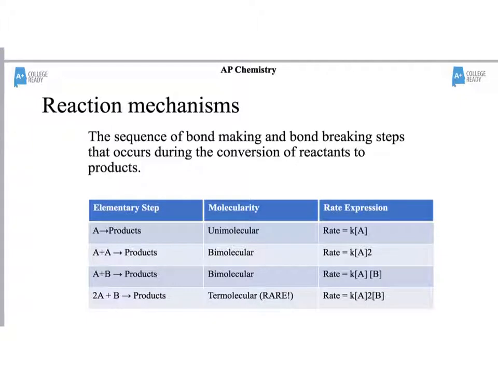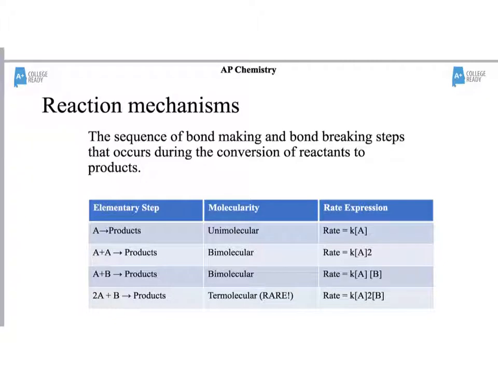So reactants can be qualified based on their molecularity. The sequence of bond making and breaking occurs in a couple of places. So you can have unimolecular reactions where one compound just becomes products.